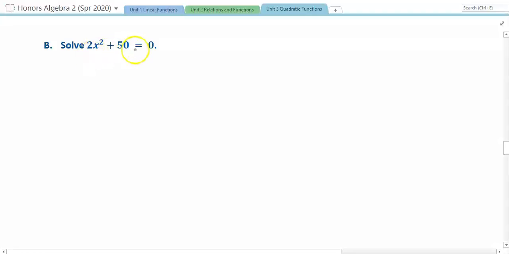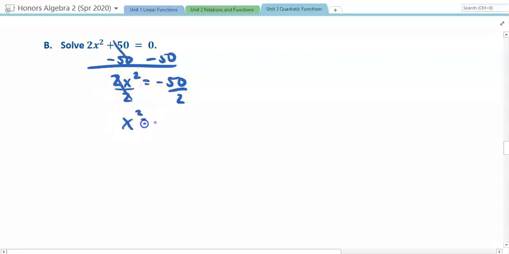All right, so 2x squared plus 50 is equal to 0, so my first step is to subtract the 50. Again, these steps aren't any different than what we've done before. Divide both sides by the 2, so we get that x squared is equal to negative 25. And then when I take the square root of both sides, don't forget your plus or minus in front of the radical, because you need both the positive and the negative when you have something squared.